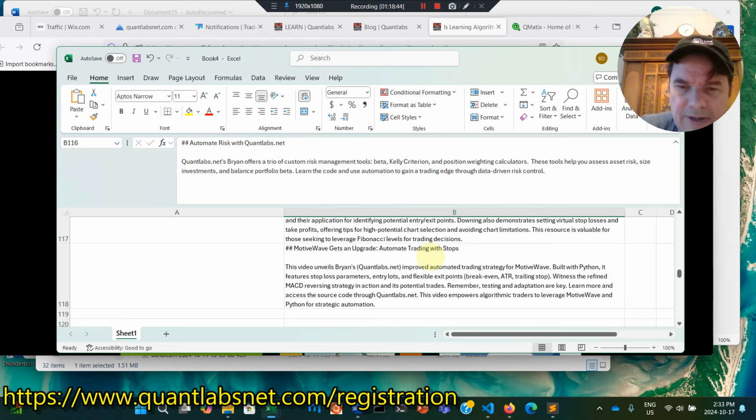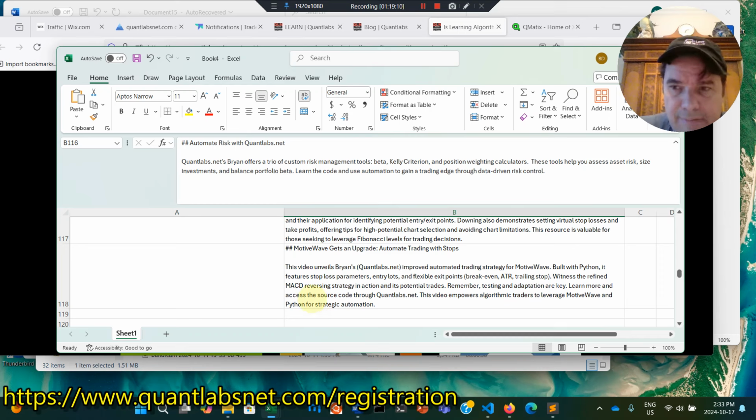Okay, so then we get into MotoWave, looking at stop loss analysis. Automated trading strategies with MotoWave, the trading platform built with Python, featuring stop loss parameters, entry lot, flexible exit points using break-even and ATR trailing stops, out of the box with MotoWave.